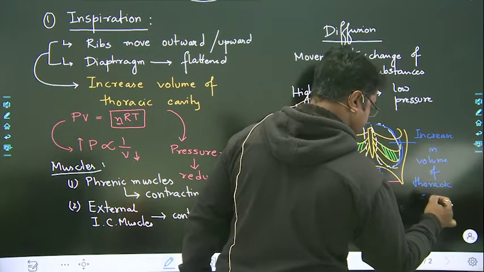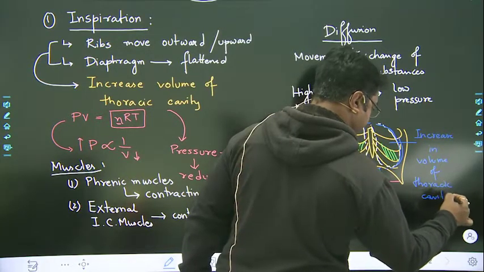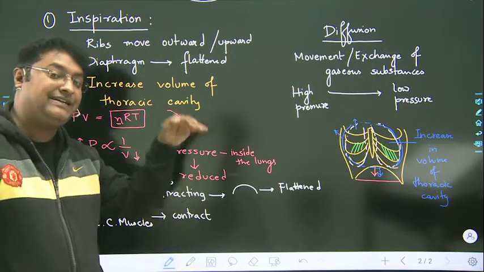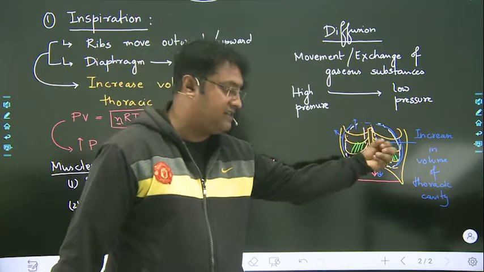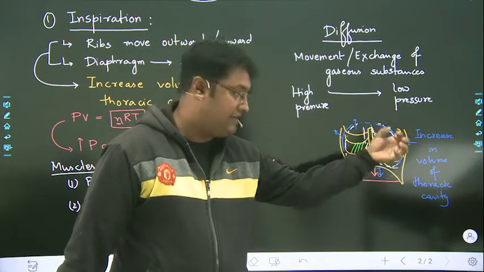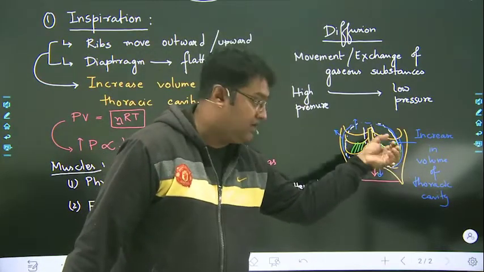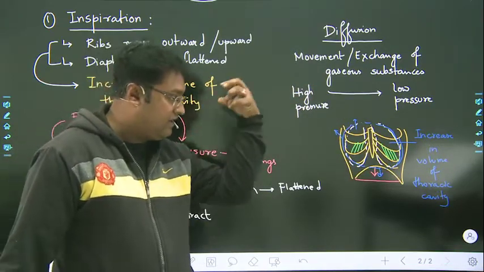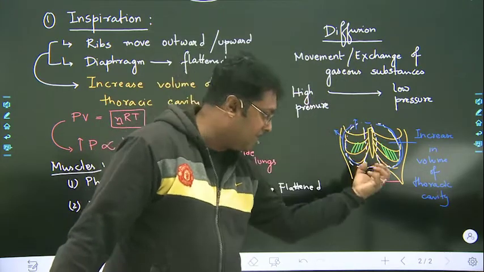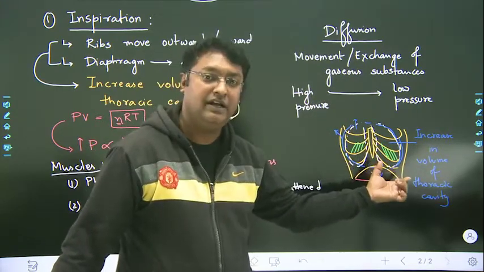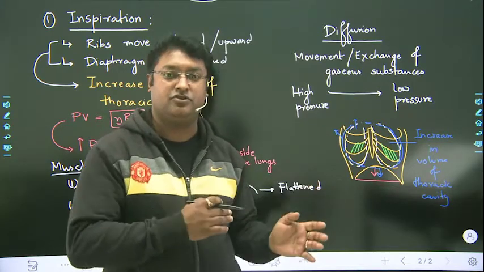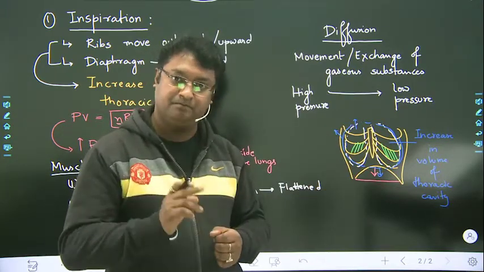There will be an increase in the volume of the thoracic cavity, and this increase in volume will decrease the pressure inside. Clear? And due to the decrease in pressure, from high pressure, that is from the atmosphere, the air will be pumped into both the lungs. Clear? And we can say that this is the process of inspiration.